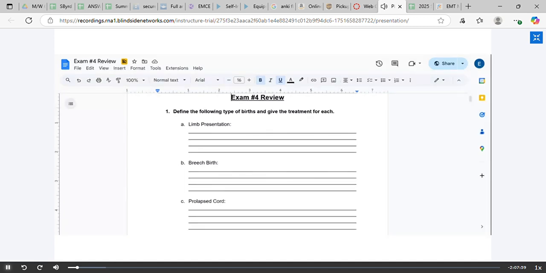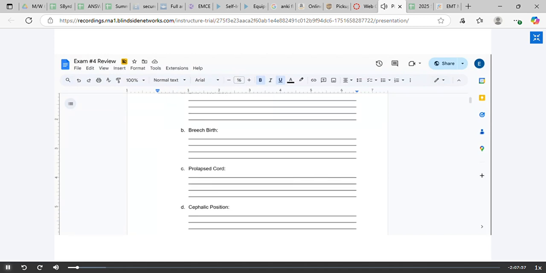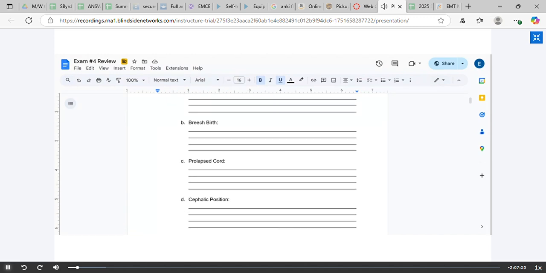Your next presentation is the breech birth. Breech birth is a little bit different than the limb presentation because it means that more of the fetus has come out. The breech birth is when basically the rear end comes out first, the butt comes out first. If the delivery progresses, then we allow that to occur.